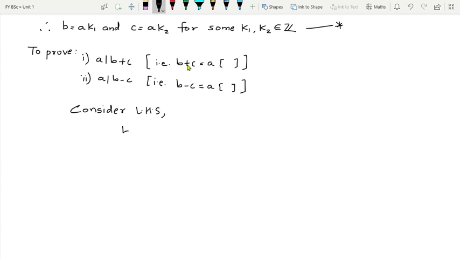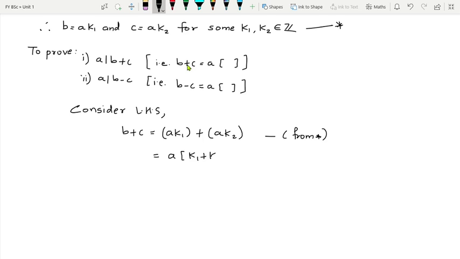Now what is our LHS? That is B plus C. We already have the values of B and C which can be used. So B is nothing but A K1 plus C is nothing but A K2, and this is used from star. Which is further equal to A, which can be taken out. So what is left inside?